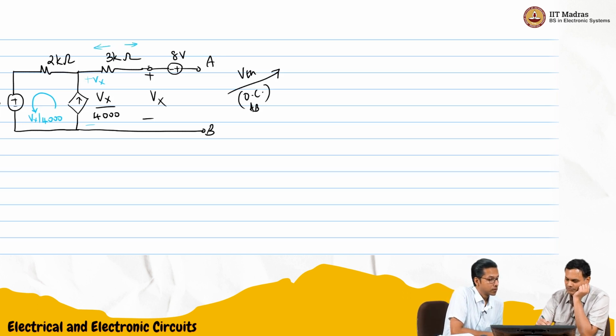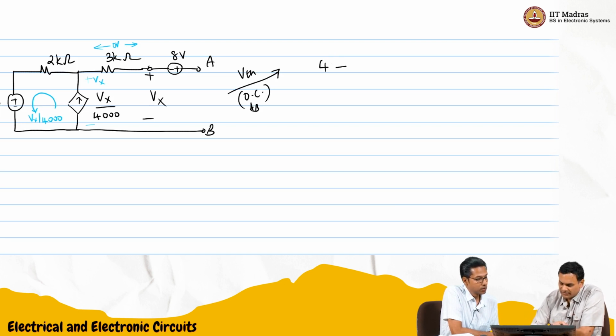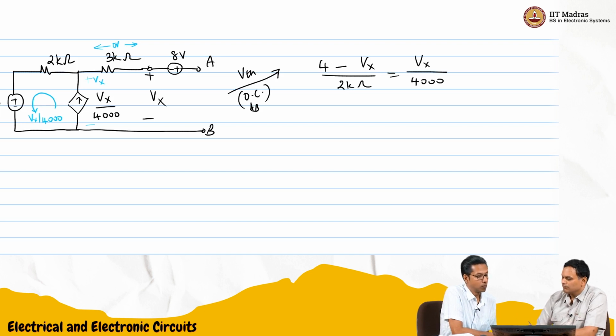This is 0 volts. So 4 volt minus 2k into this current is Vx. So 4 minus Vx by 2k is Vx by 4000, basically 4k, right?